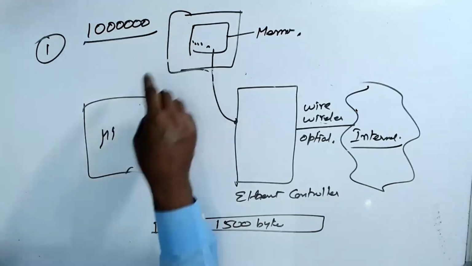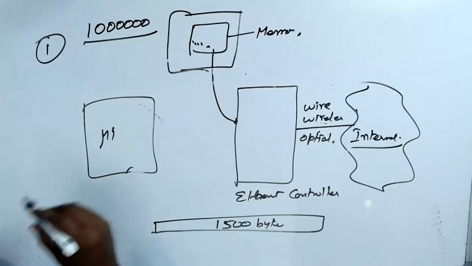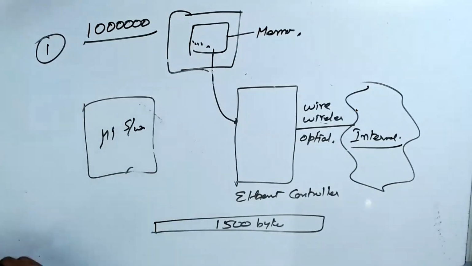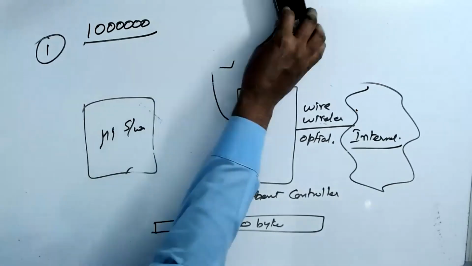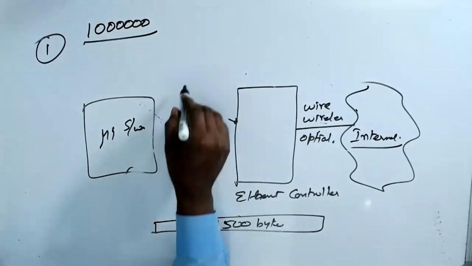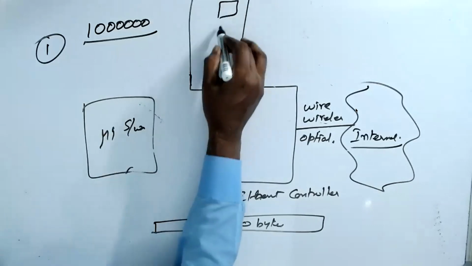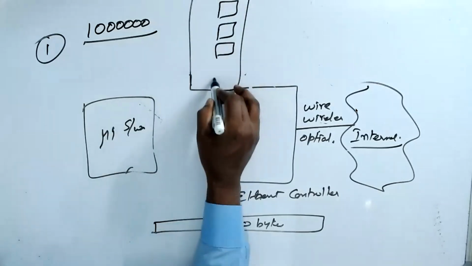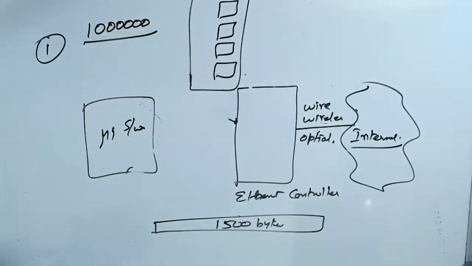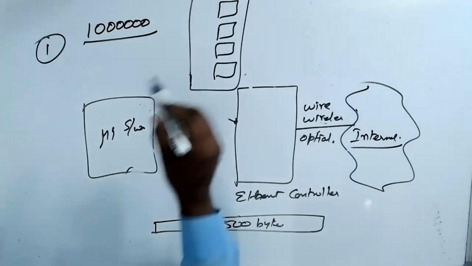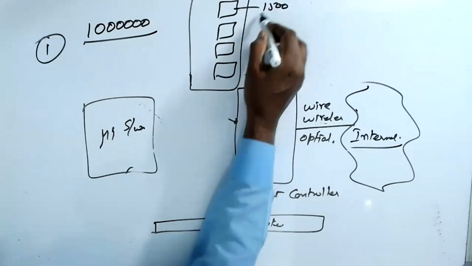So what this software will do, it will break the MP3 file into small memories. Understand? Each one is 1500 bytes.